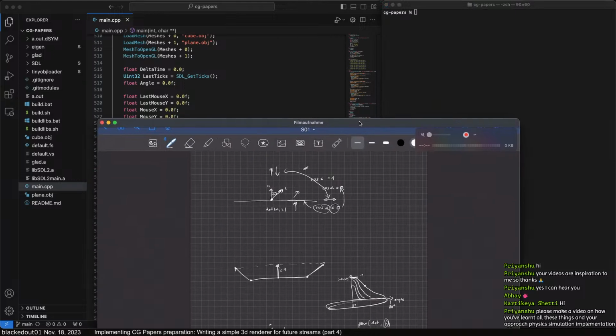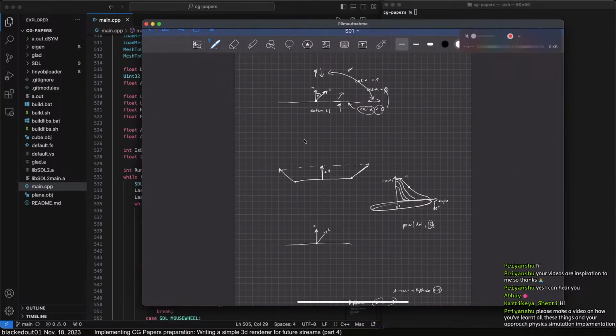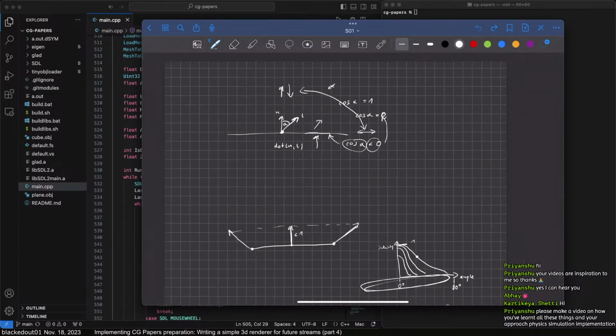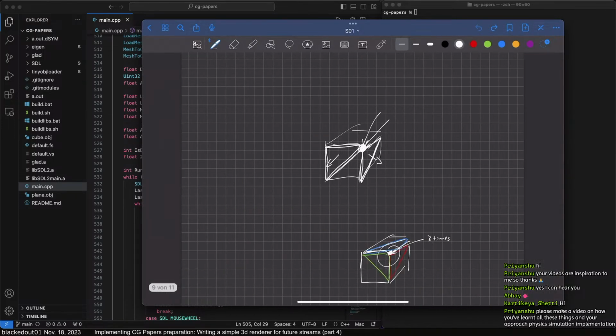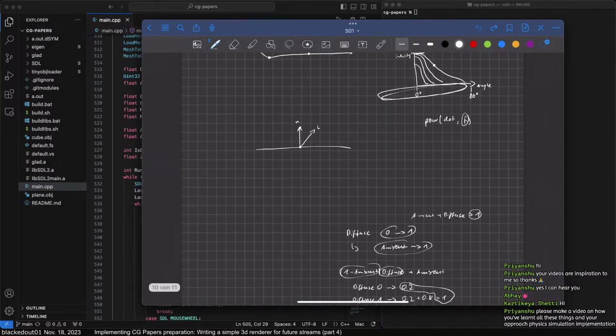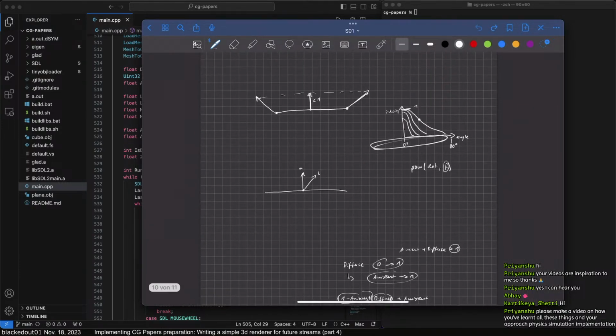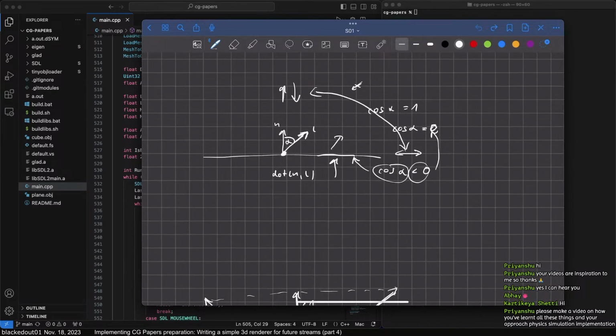So before I start with the shadows, I wanted to add some explanations from the previous stream, because last time I talked about how to derive the diffuse lighting equation, or the diffuse lighting model.